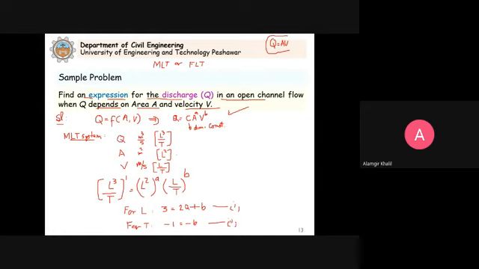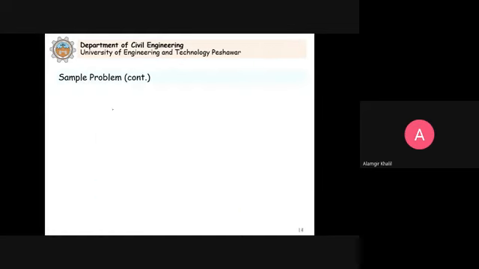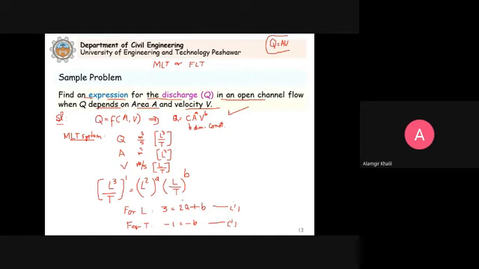So what we can do is solve these two equations for the two unknowns a and b. So b is equal to 1 from here, and then put b equal to 1 here to get the value of a.